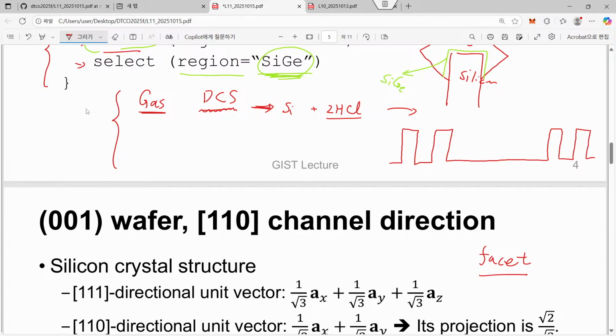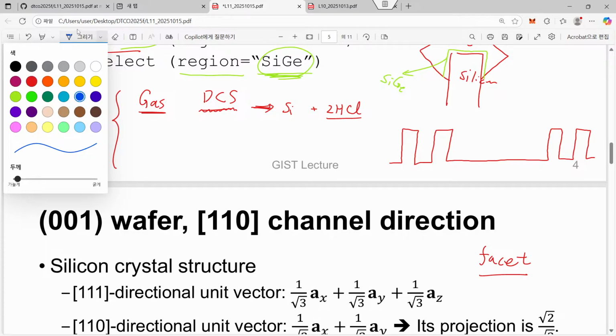But the point is, here we have a wider opening, and this opening is quite narrow compared with the wider one. At the initial stage of our fin formation, it's okay. Then let's wait for a while.